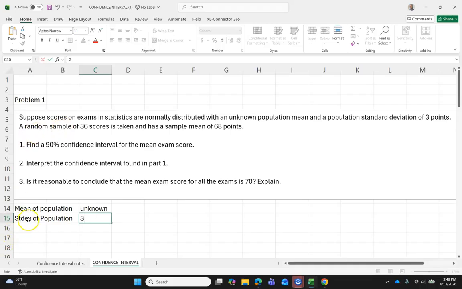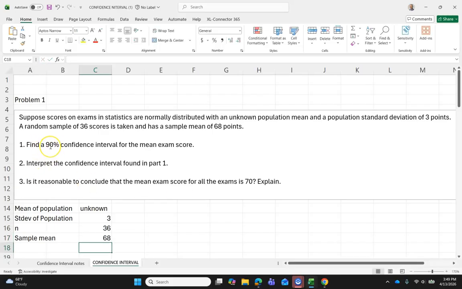And then we have n, which is the sample size, which is 36. And we know our sample mean is 68. Remember, these are the means that we select from the population, and so we use that sample mean to infer the mean of the population. So the sample mean given here is 68 points.